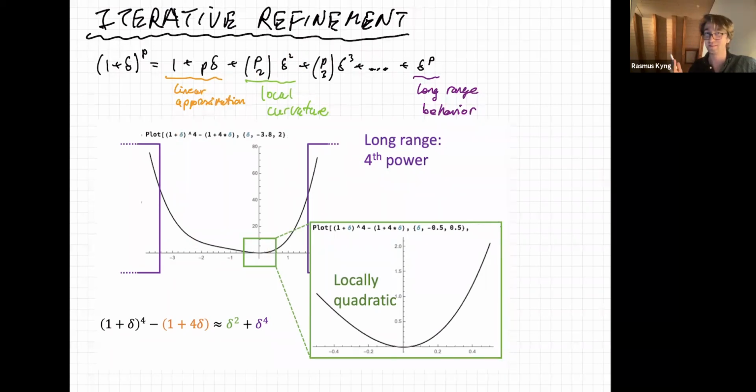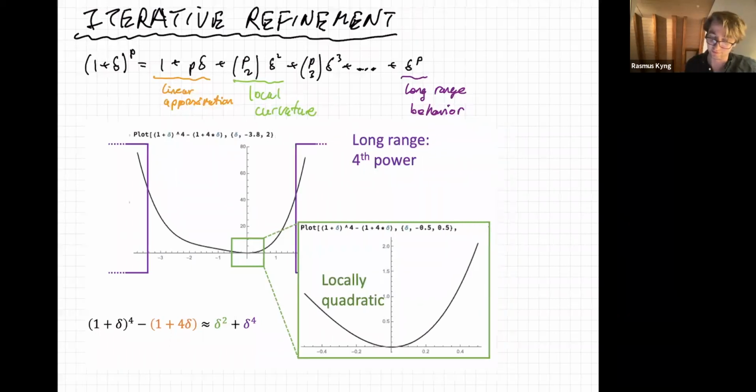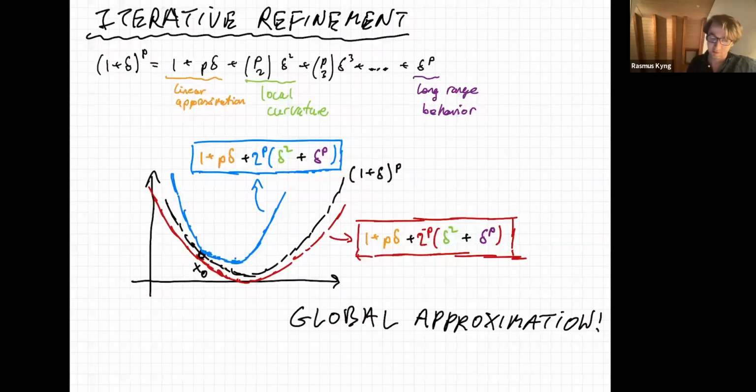And that's kind of what's going to give us amazing approximations in a little bit. But how do we get these functions that sit above and below? It turns out that to get a function that sits above, we take this quadratic behavior and the long range behavior, and we just scale these parts with a factor 2 to the p.